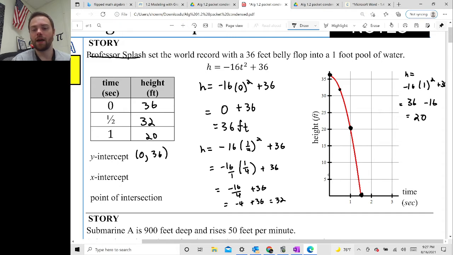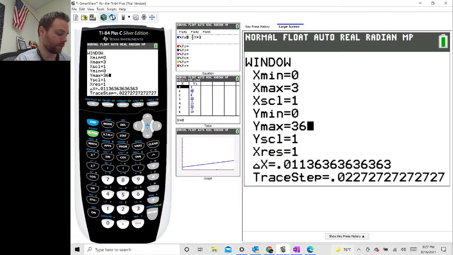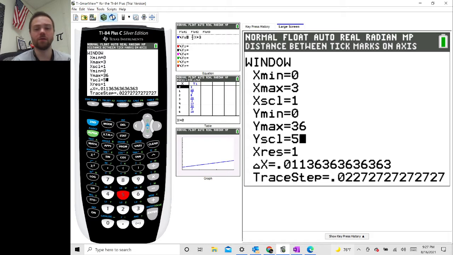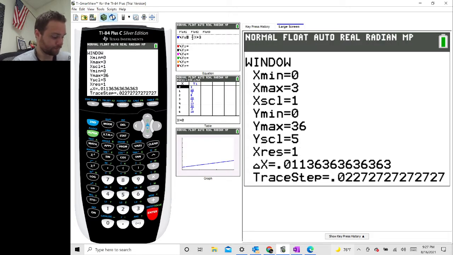And then on the y-axis, we want to keep counting by 5. So we've got up 5, up 5, up 5. So the y scale on my graphing calculator is going to be 5. That's all I'm saying. So that tells the y-axis to count by 5s. And if you notice, my graph just changed. Each one of these tick marks means 5, okay?